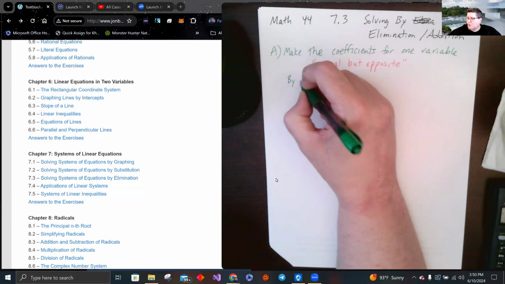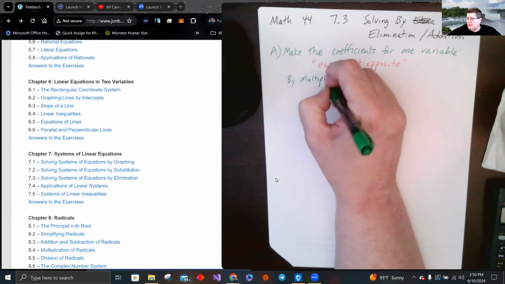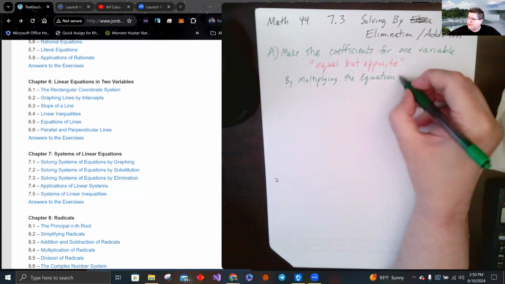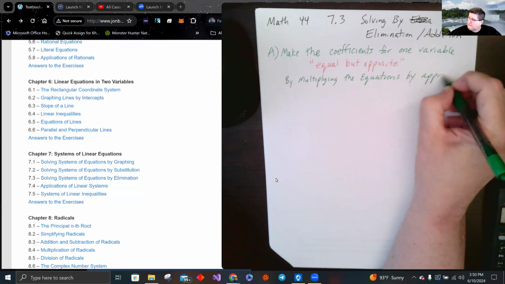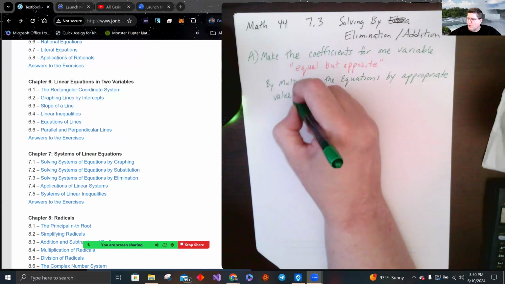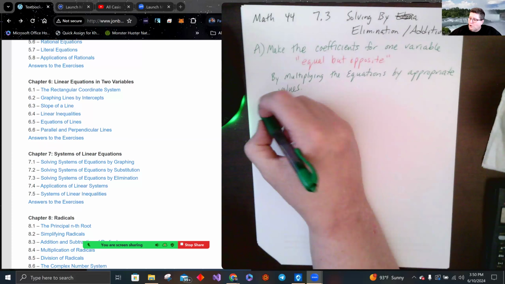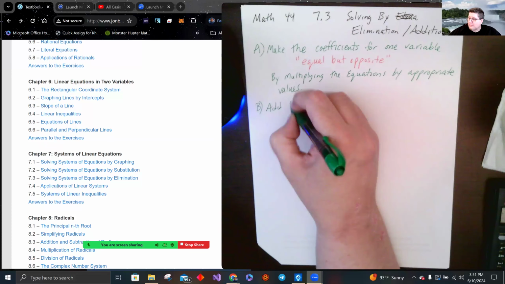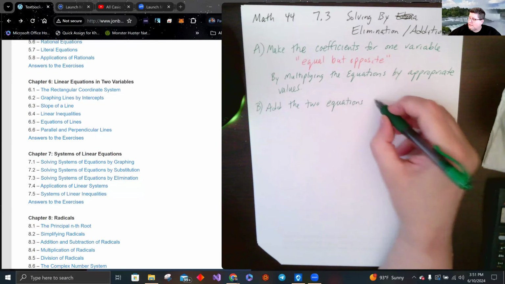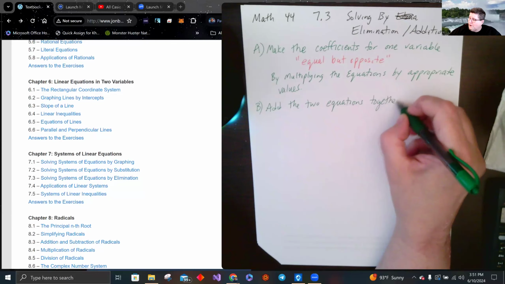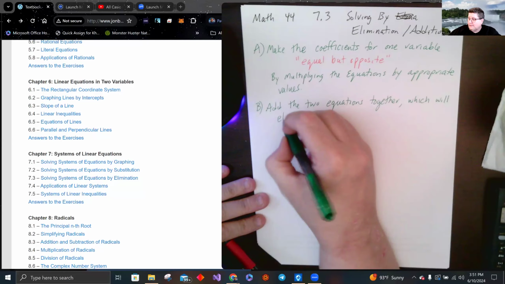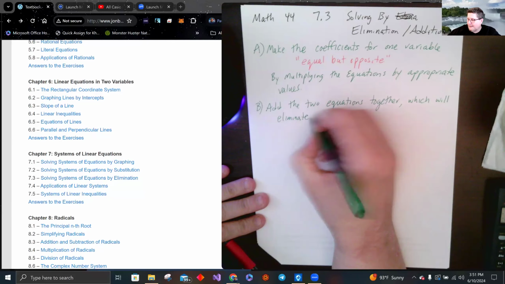By multiplying the equations by the appropriate numbers, by appropriate values. Once we have that, we can add the two equations together, which will eliminate the equal but opposite variable.